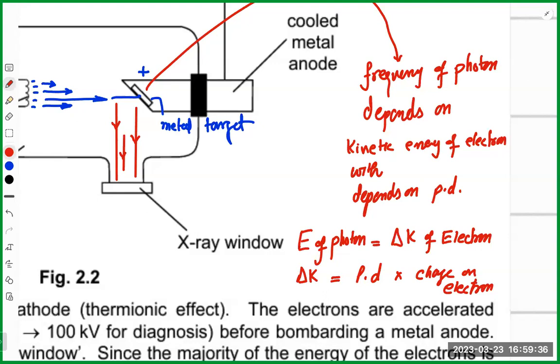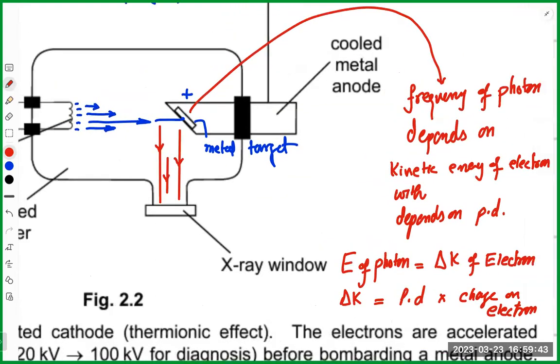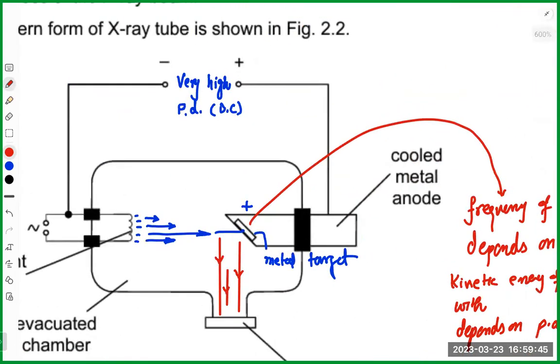Now, we need to know that the kinetic energy of electrons, which they gain when they move from the heated cathode towards the cooler anode, is gained on the way, because they come out of the filament by thermionic emission with zero kinetic energy, but the anode pulls them towards itself. So when electrons are pulled, they gain kinetic energy.